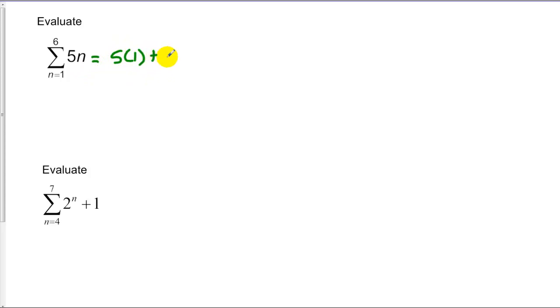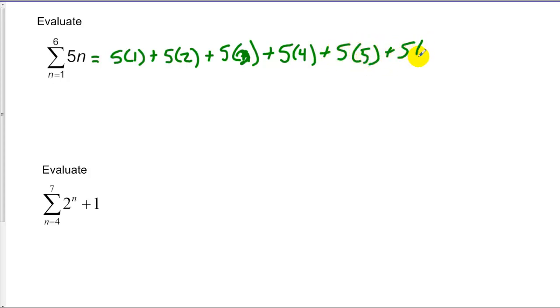Then I increment by 1 and say 5 times n equals 2. 5 times n equals 3. 5 times n equals 4. 5 times n equals 5. And 5 times n value is 6.